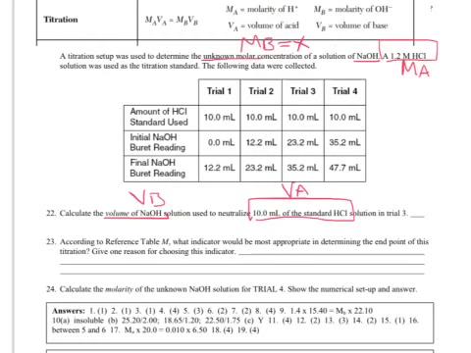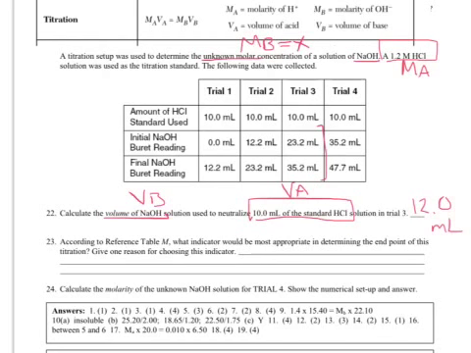But then, when we examine our chart, and in particular, we are concerned with trial 3, we notice that we are actually given two volumes that correspond with sodium hydroxide. Remember, we are using a burette, and whenever you're using a burette, you're simply going to take the difference between the two values to find the volume. So this volume for trial 3 is 12 milliliters.